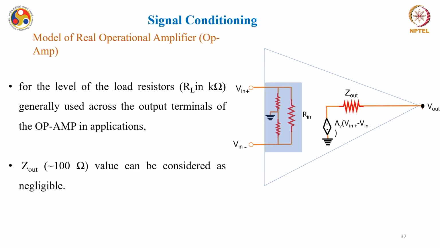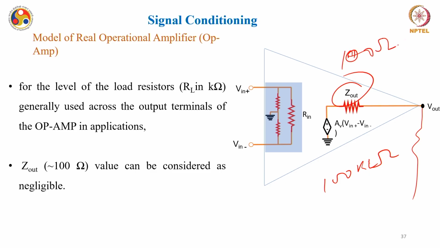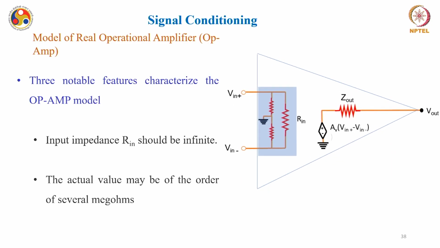Because when RL is, say, 100 kilo ohm for example, the Z out, which is 0.1 kilo ohm, say 100 ohm, is negligible as compared to the practical RL or load values.